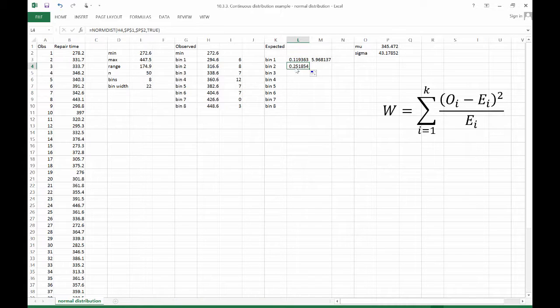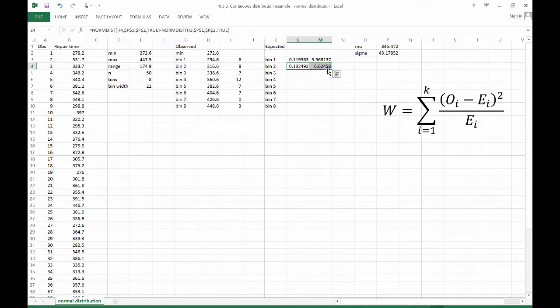We just want the probability inside bin 2, so let's take this value and subtract it from this value. That's the probability inside bin 2. If we multiply that by 50, that's the expected number in bin 2. We would expect to see 6.62. We really saw 8. Not bad.